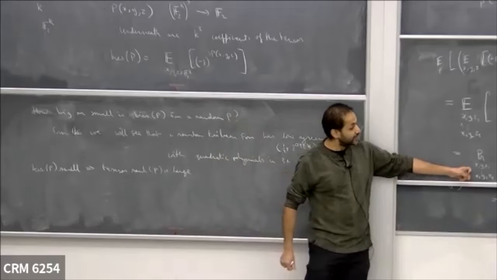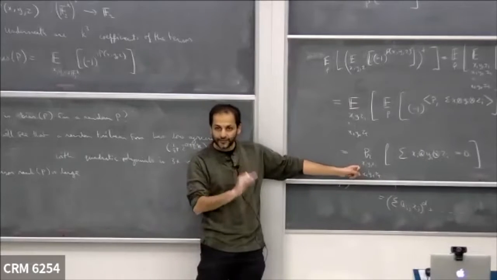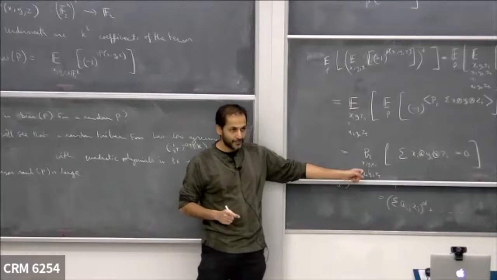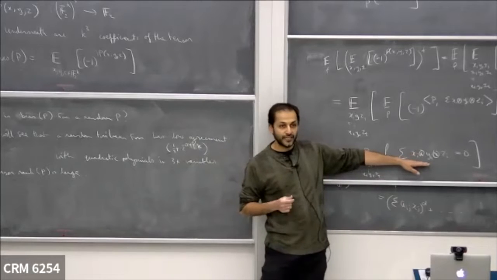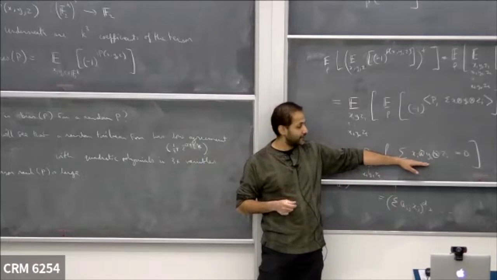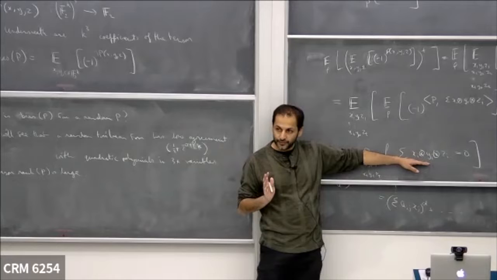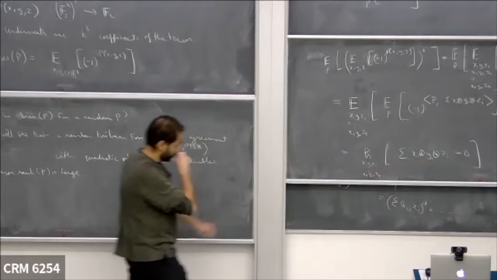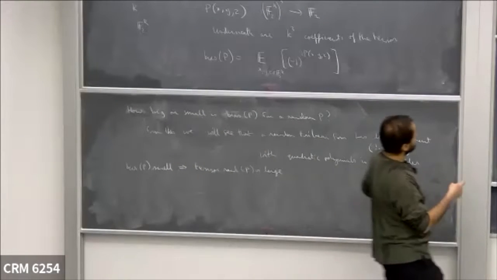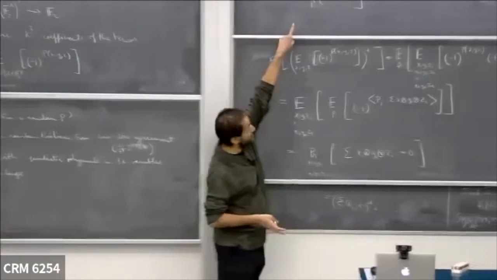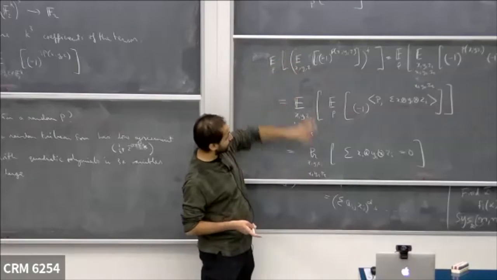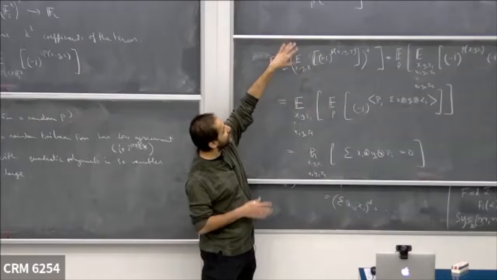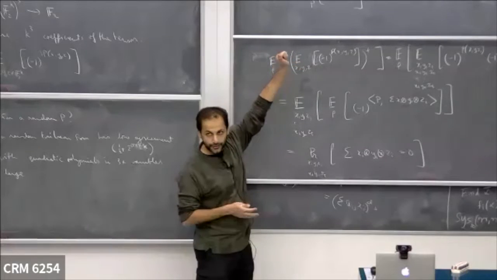We have picked 3T random vectors X1, Y1, Z1 all the way up to XT, YT, ZT, and we put the sum of their tensor products in this way, and we want to know the probability that this is 0. Our hope is that it's very, very small. Remember, this was just an equality all the way from there, so if this is very small, then that is very small, and then the probability that the bias of P is big is also small.